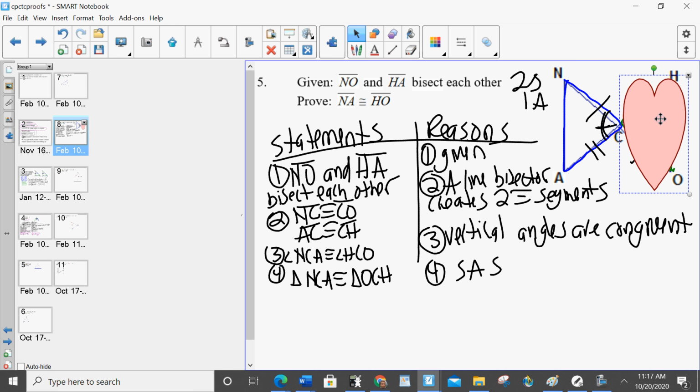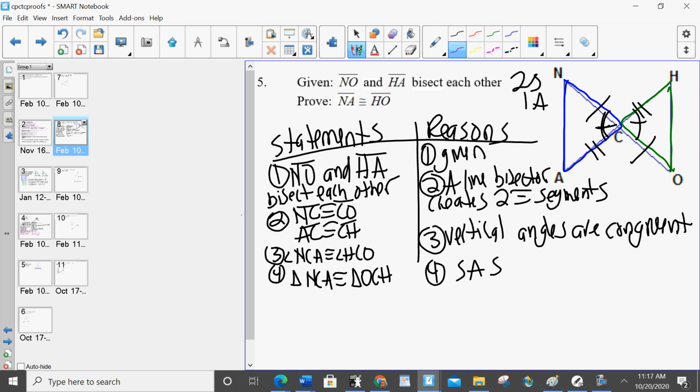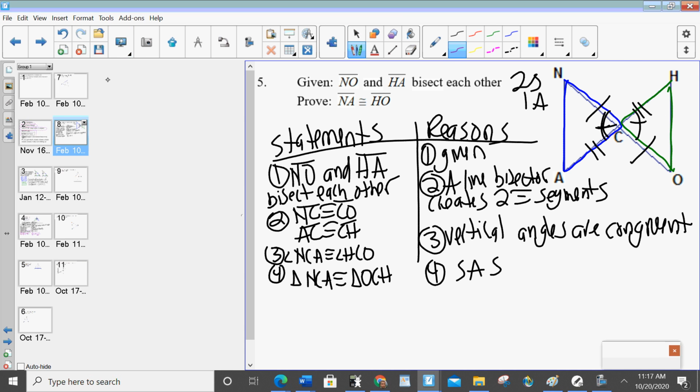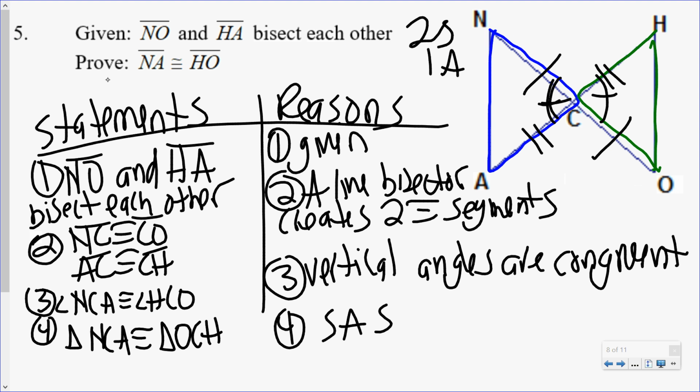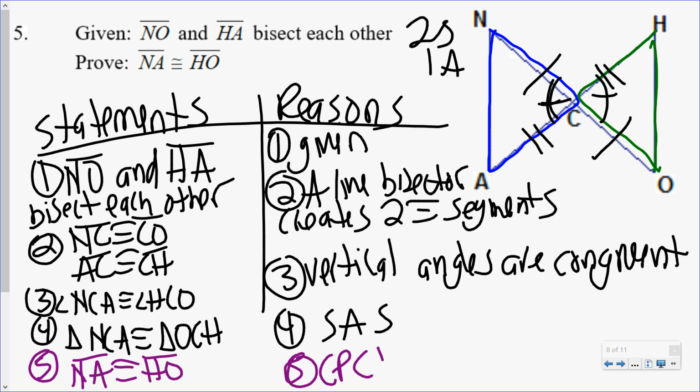Now that I have the triangles congruent, I can state any pair of corresponding side or angle is congruent. So now I can state that NA is congruent to HO because of CPCTC for segments or angles.